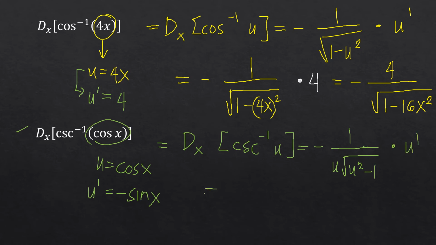Now let u be equal to cosine x, so we have negative 1 over cosine x square root of the square of cosine x minus 1.